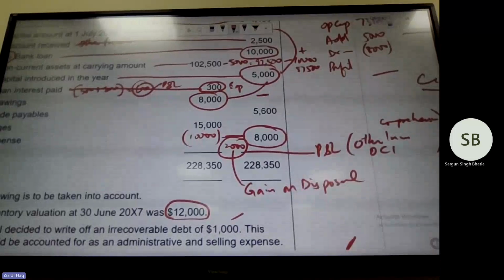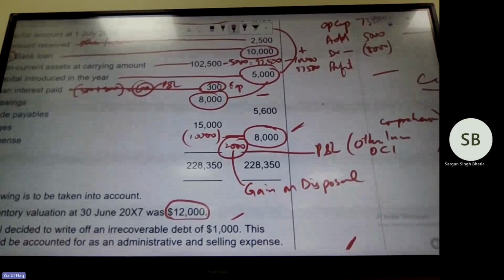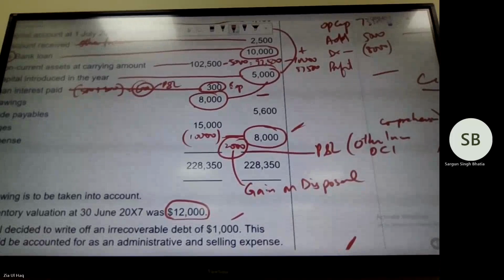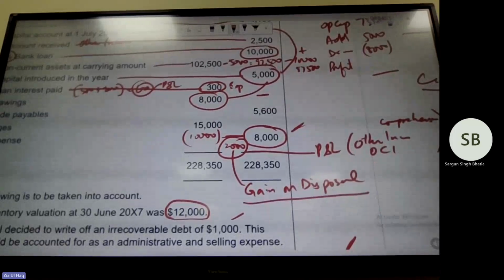And if this debit side is down by 10,000, there will be a difference between debit and credit side of 2,000. Without recording, there's a difference of 8,000. But if we had recorded this 10,000 as a reduction from the asset, then the difference between debit and credit side will be 2,000. And what is this 2,000? That is a gain on disposal that we need to record.